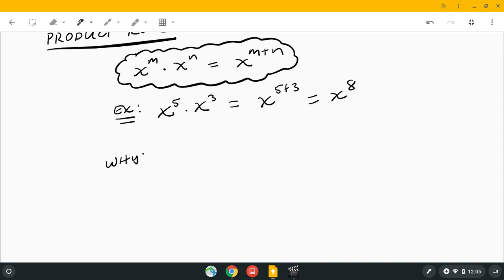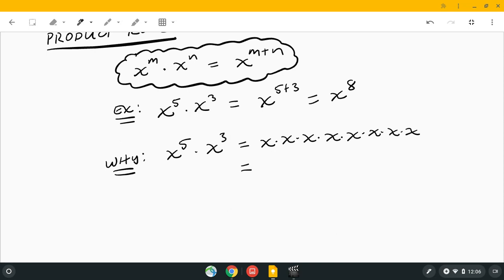Okay, let's take a look at why. Why do we add the exponents? Okay, so let's take a look at this same problem, x to the fifth times x to the third. Okay, and if we write out what x to the fifth means, that just means x times x times x times x times x, right? And if we write out what x to the third means, that just means x times x times x, right?